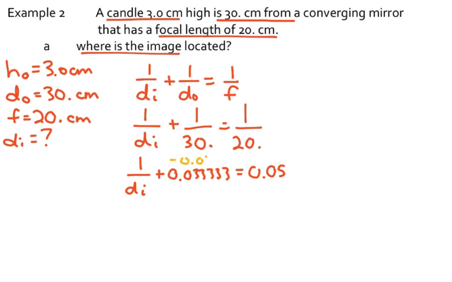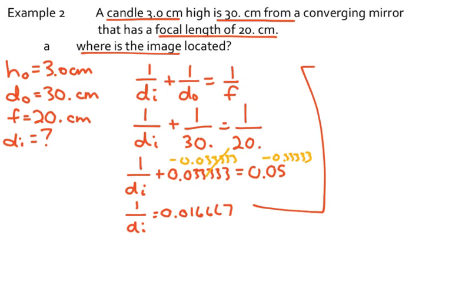Subtract 0.033333 from both sides. We have that 1 over DI equals 0.016667. We take the reciprocal of both sides, so left becomes DI over 1.